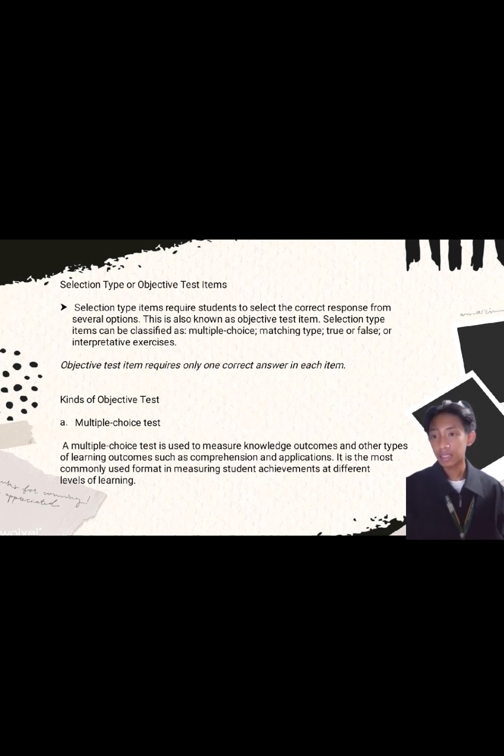Objective test items require only one correct answer in each item. So, there are kinds of objective tests such as multiple choice test, matching type test, true or false type test. So, let's discuss first the multiple choice test.